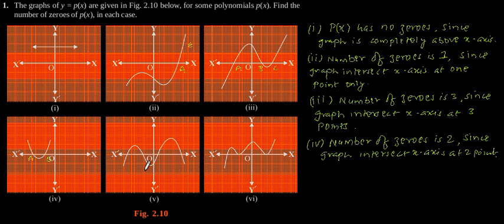Now the fifth one. Here we can see that this graph intersects the x-axis at A, B, C and D. So the total number of zeros is 4.